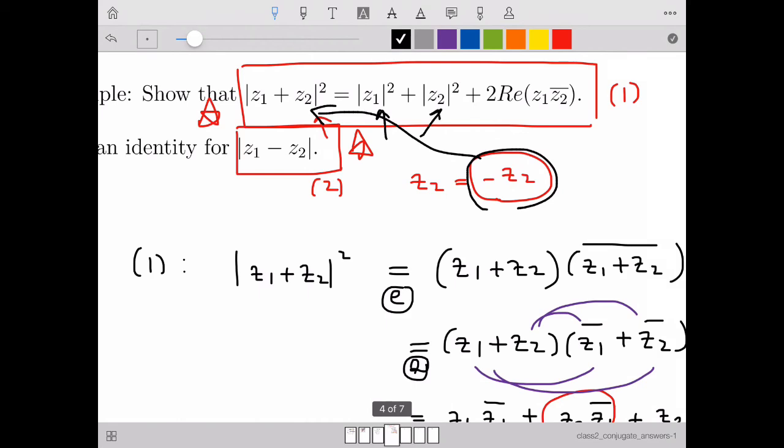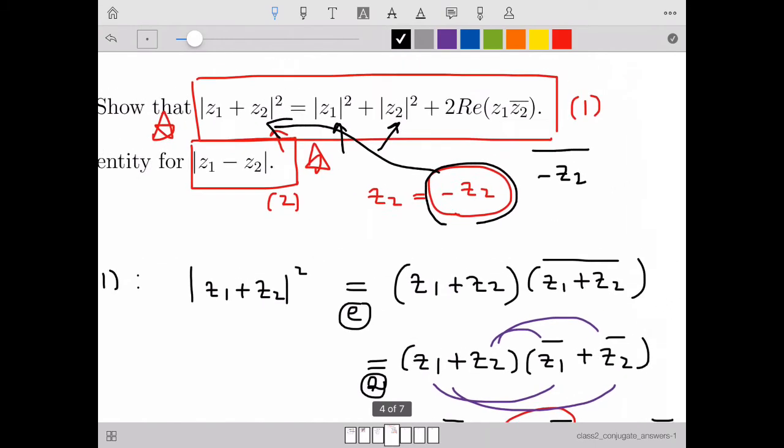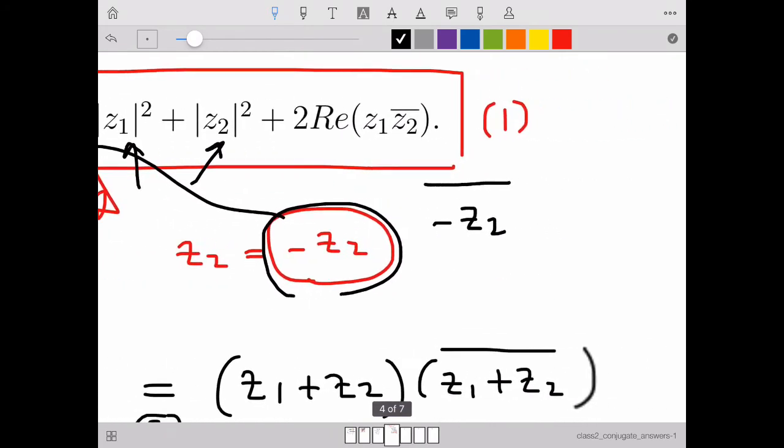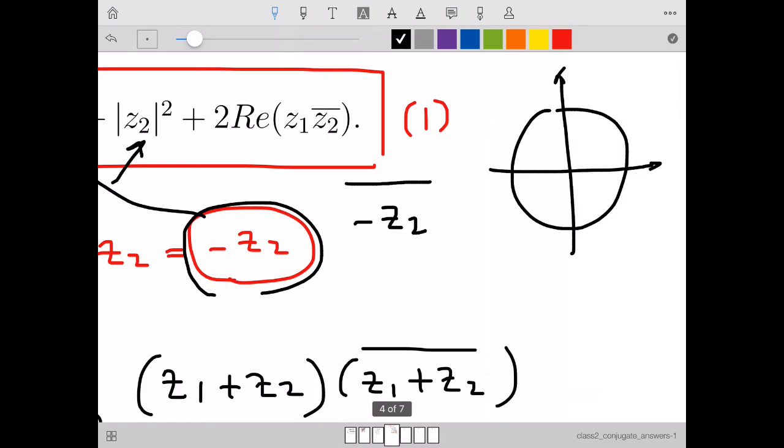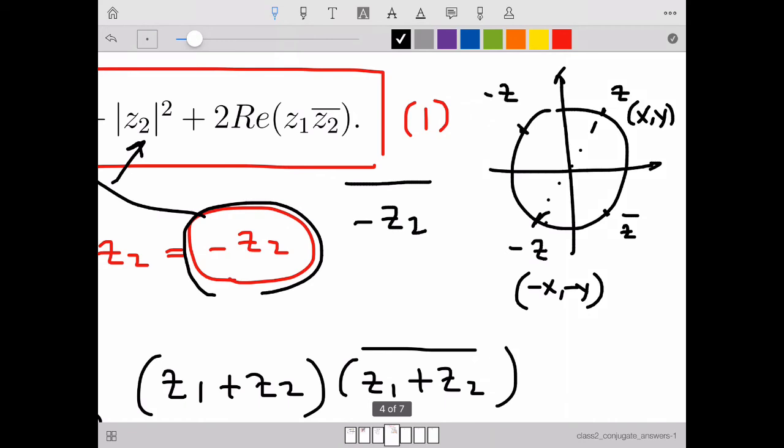So this will be the same, that will be the same, and minus Z2 bar, if we think of this again, if Z is here, then that's Z bar, and this is minus Z. If this is x comma y, then that is minus x comma minus y, pi rotation.